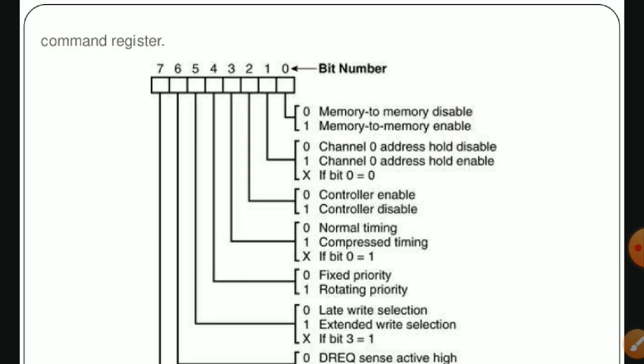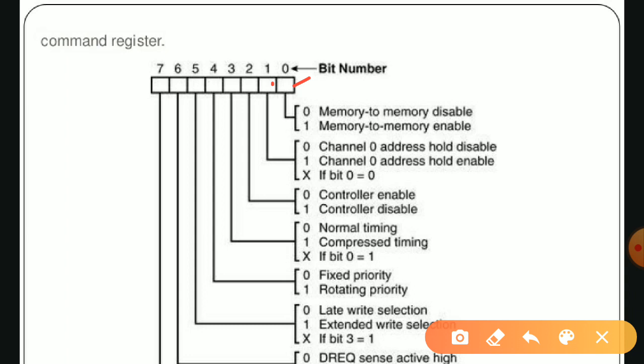See, this is the register format of the command register. Here, bit position 0 indicates the memory to memory transfer. When you want to initiate memory to memory transfer, bit position 0 is the responsible one. If it is 0, memory to memory is disabled. If it is 1, memory to memory is enabled. What about bit position 1?